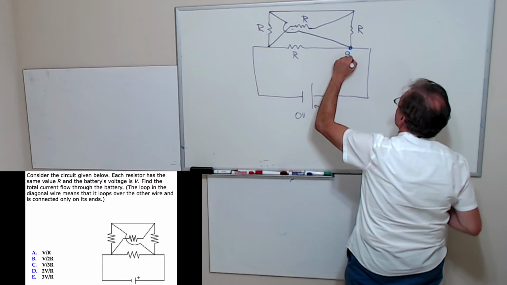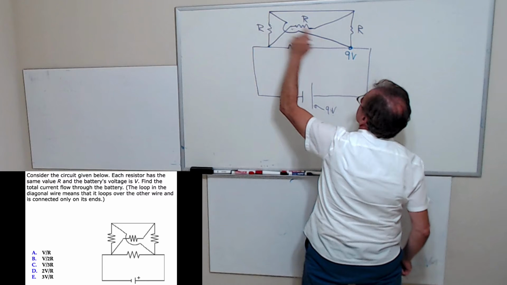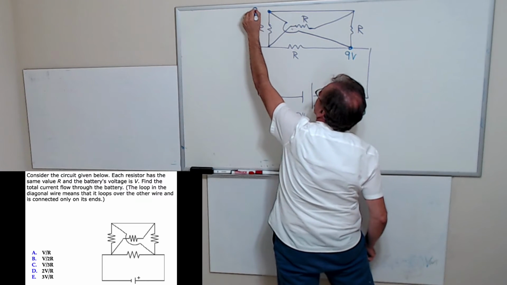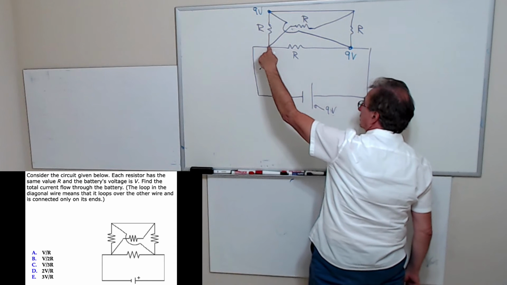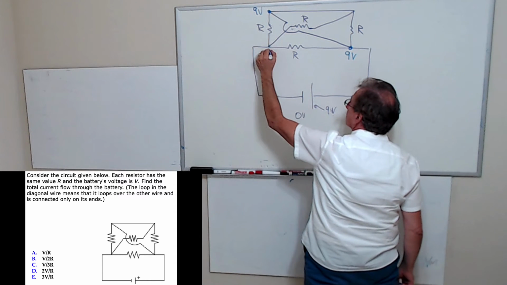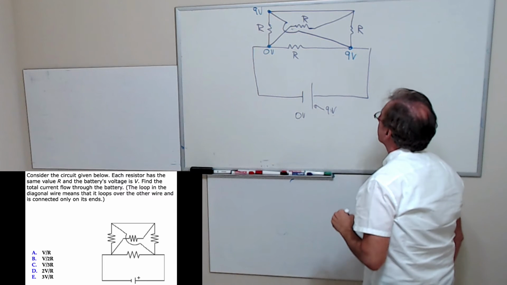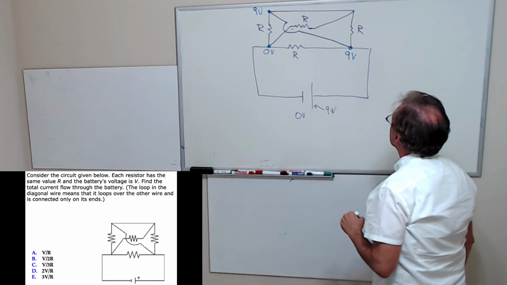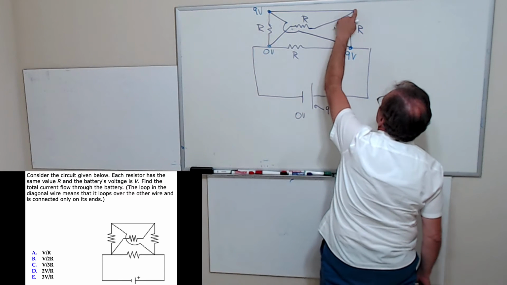This point is at 9 volts. This point is connected to this point, a direct short, so that's 9 volts. This point is connected to here, 0 volts.